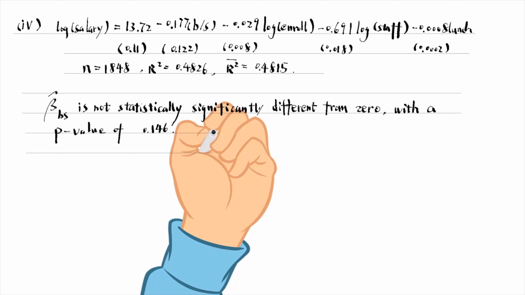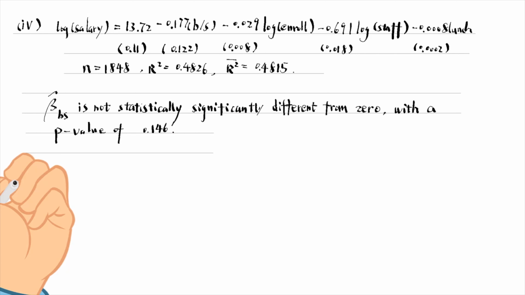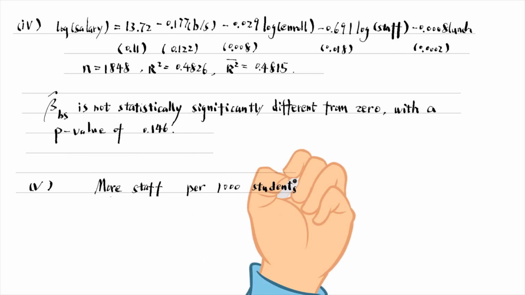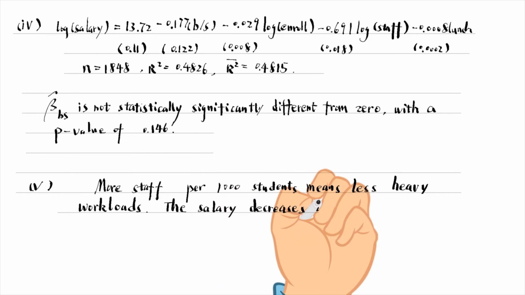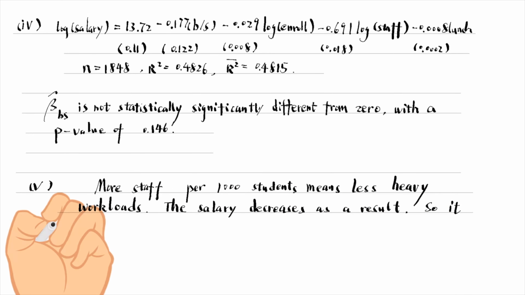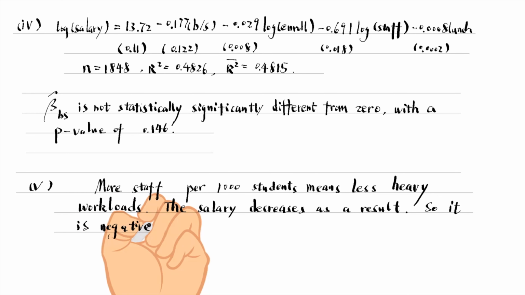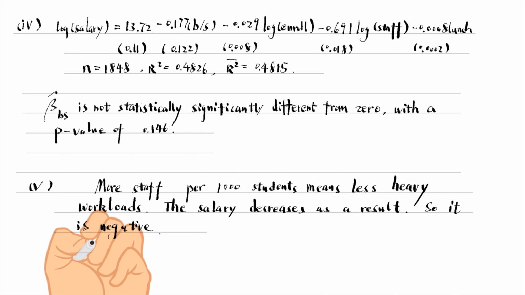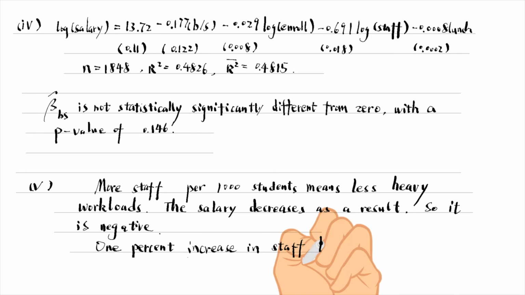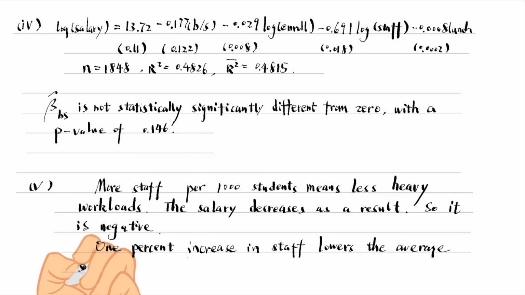For part 5, more staff per 1,000 students means less heavy workloads. The salary decreases as a result, so it is negative. For a log-log model, it is the elasticity. A 1% increase in staff lowers the average salary by 0.7%, holding other variables in the model fixed.